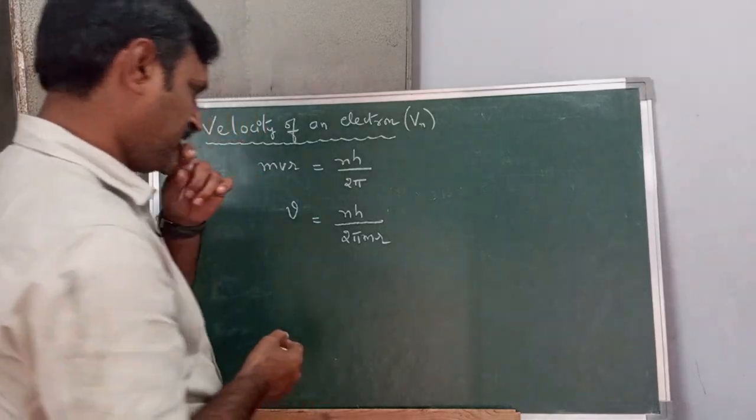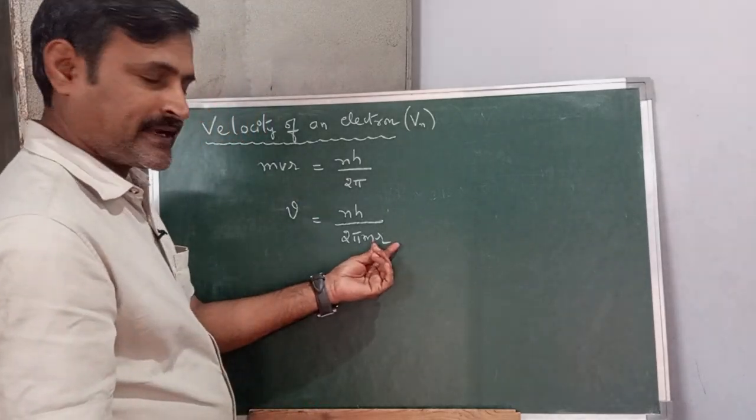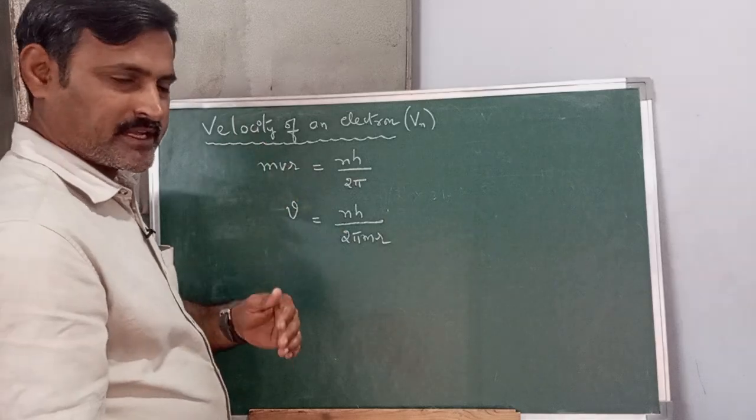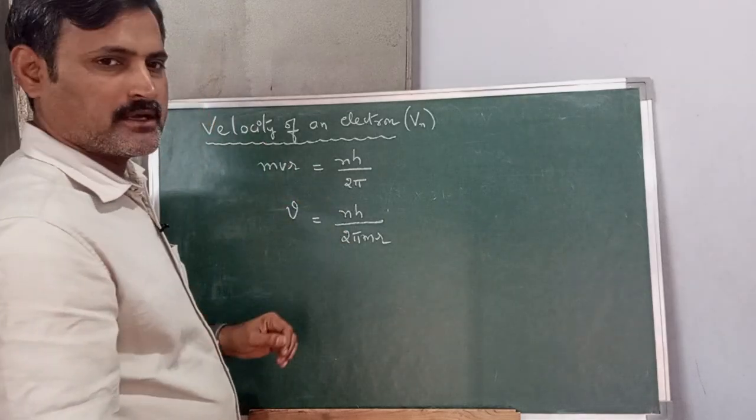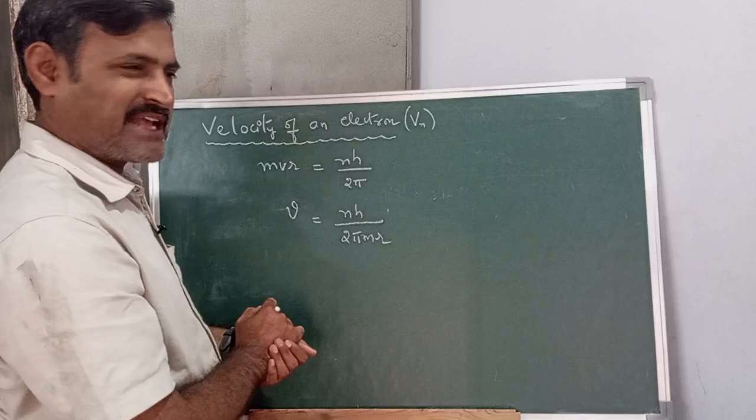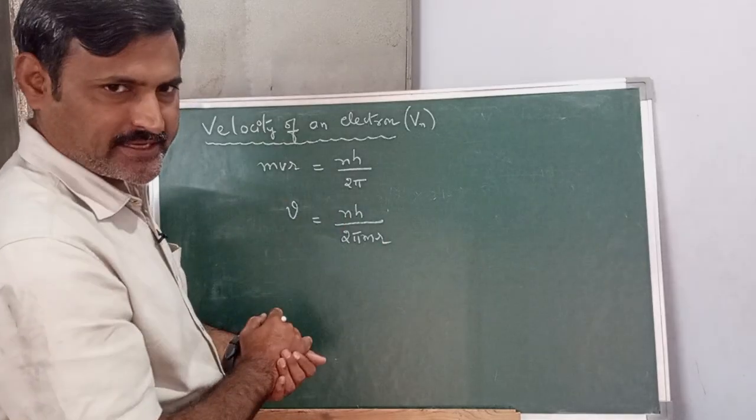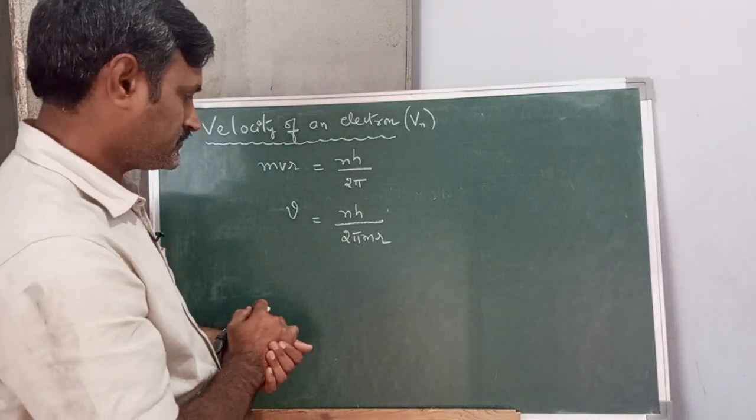For this we need to substitute the radius value we derived earlier in this formula to get the final answer of velocity either in centimeter per second or meter per second.